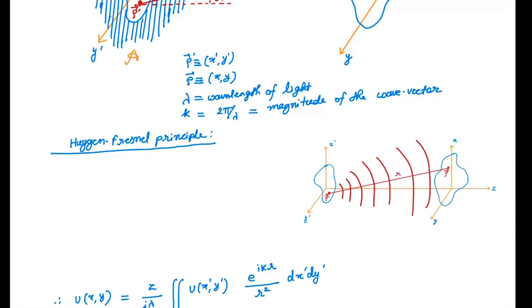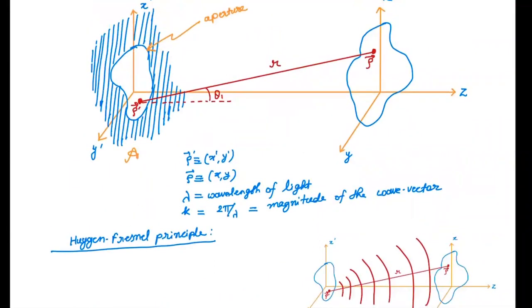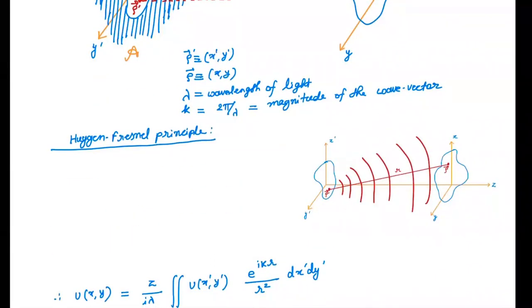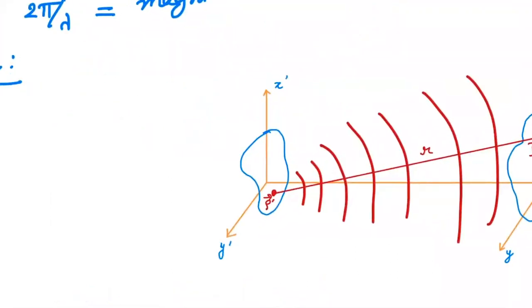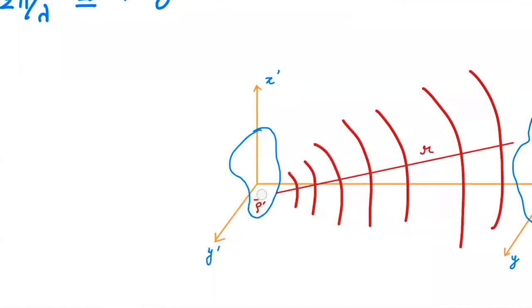Or you can also imagine this to be a tiny area element, located at rho prime, and the area element is d rho prime.